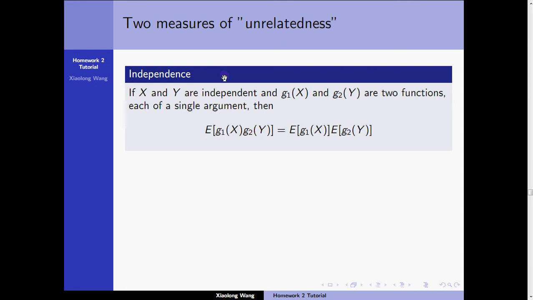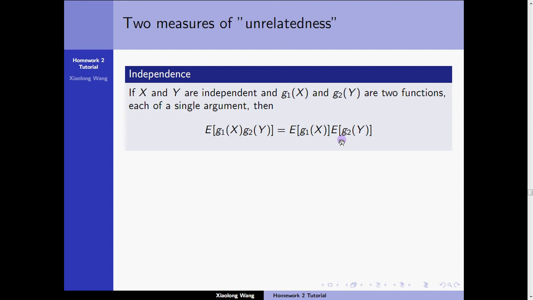The other one is independence. If x and y are independent, and g1 and g2 are two functions of x and y, then the expected value of g1(x) times g2(y) equals the expected value of g1(x) times the expected value of g2(y).